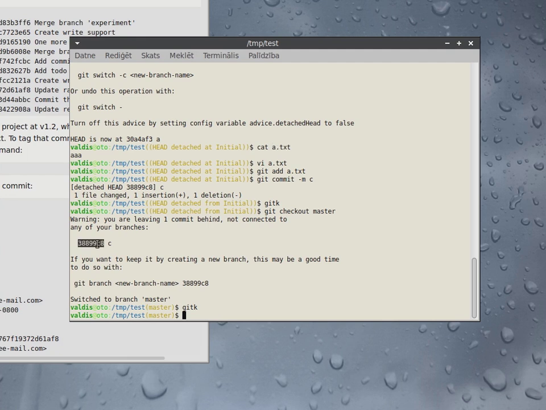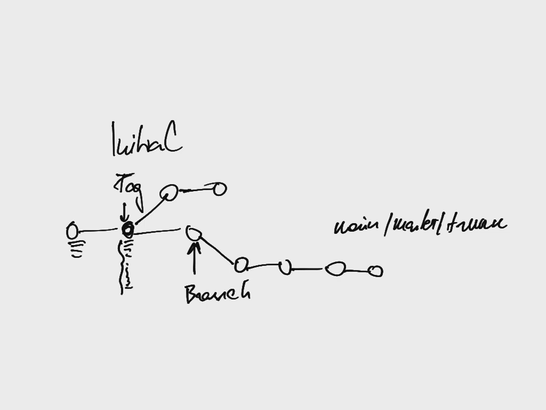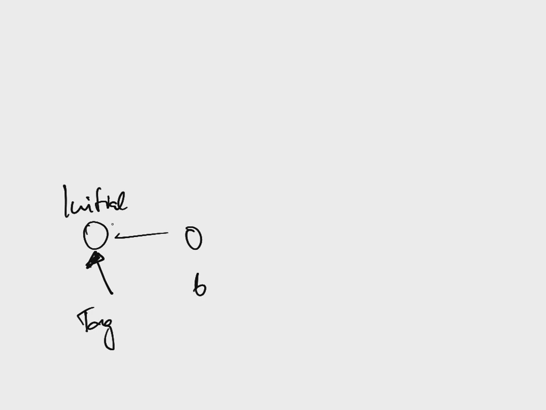If you check out some particular commit and you do not say that you will start a branch here, then what I did here is the following. My head was the initial commit, and here was the commit with message B, and I checked it out, but I checked it out just as a tag, not a branch, and I added another commit with message C here.